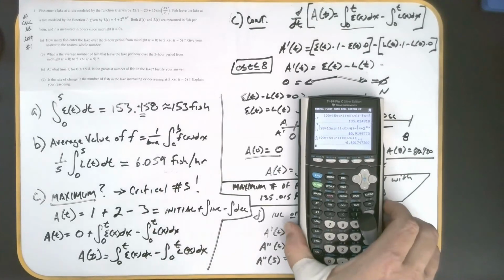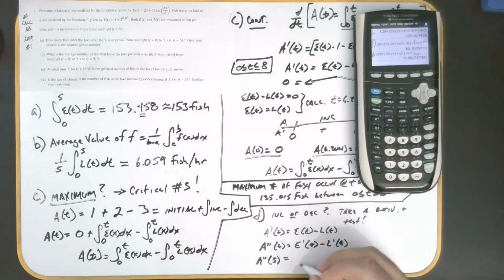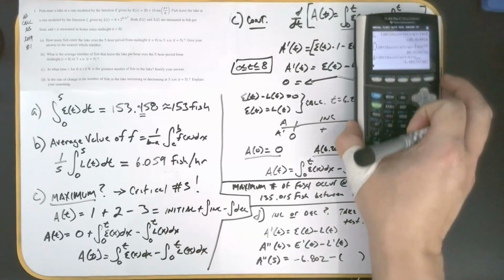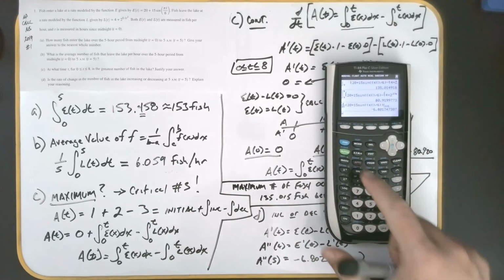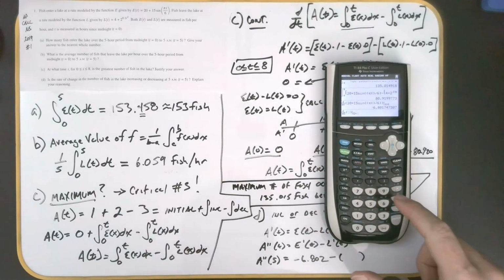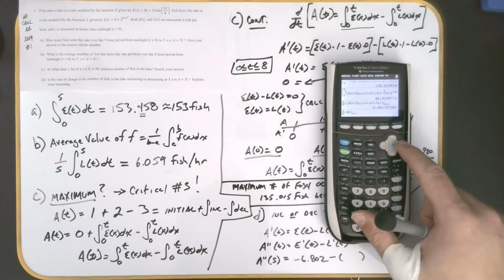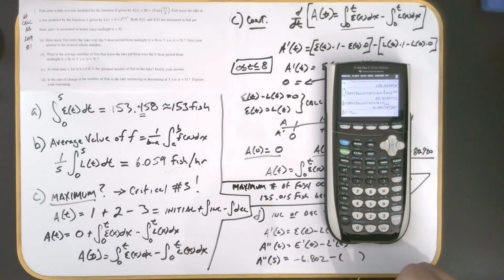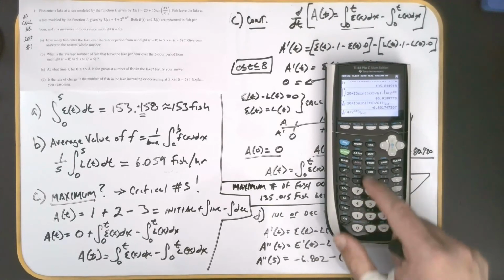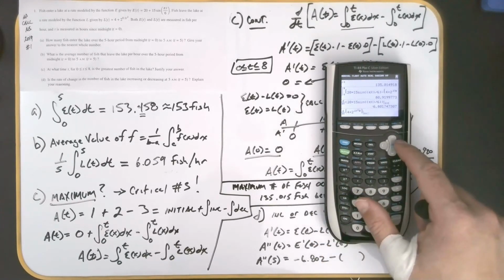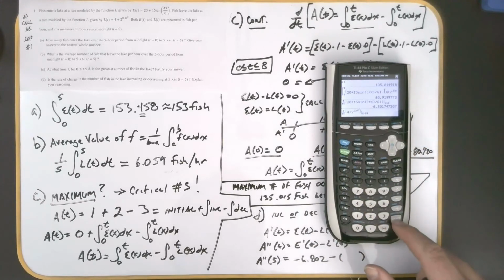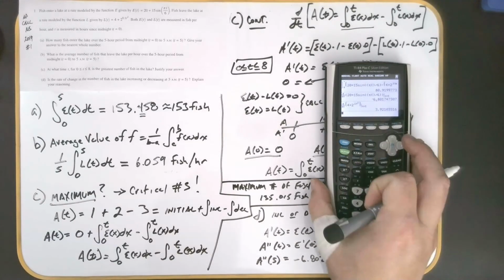We get negative 6.802. So negative 6.802 minus, and let's put in the other function here. Once again, math menu, we'll go down to 8, d dx, and this was the L function, which was 4 plus 2 raised to the 0.1 t squared, and we'll evaluate that at 5, and we get 3.921.